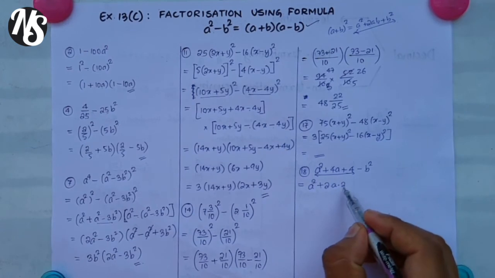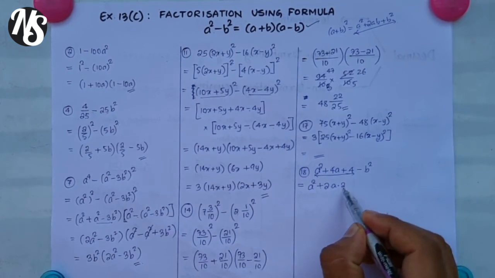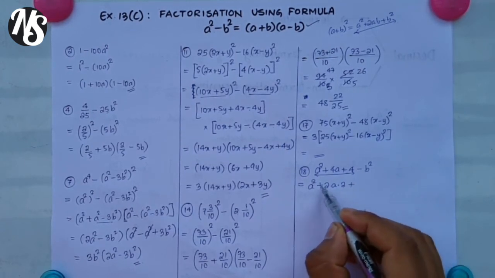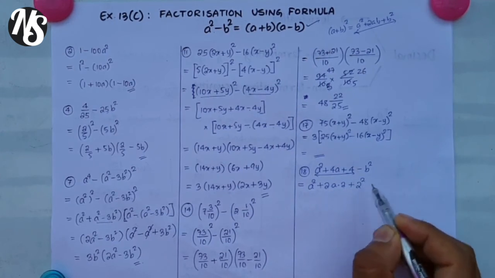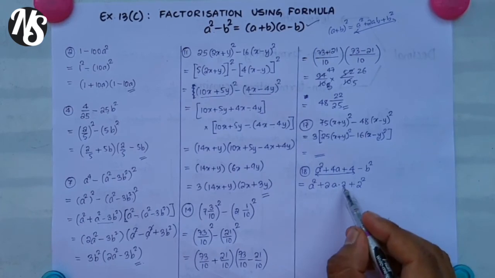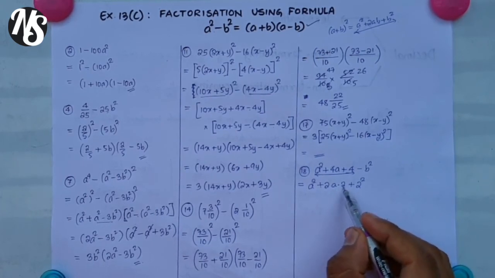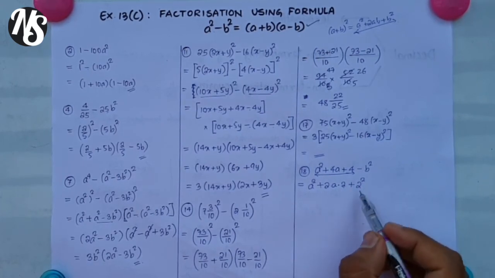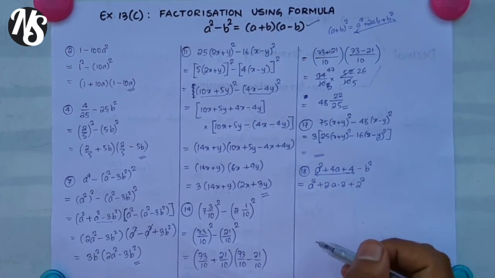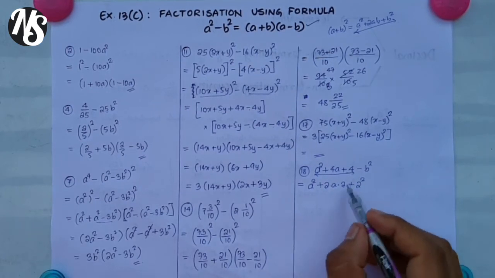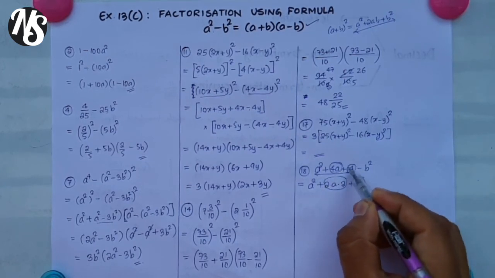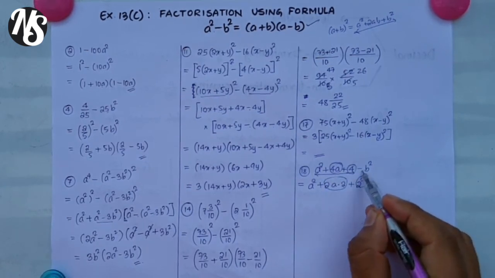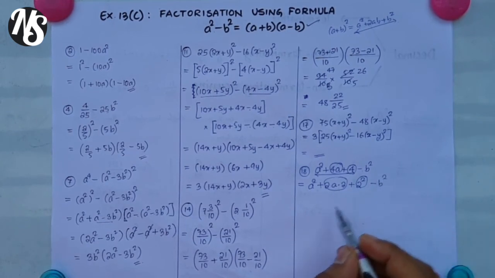So what is the value of b? b is 2 here. So a square plus 2ab plus b square, and b square is 2 square, since b is 2. So in place of this I have to write b square, and b square is 4. That means this much can be written as this much, and we are left with minus b square.